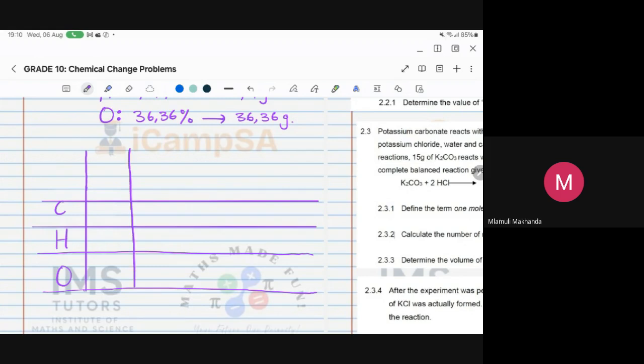Then you have your mass, number of moles, simple ratio. Mass, number of moles, and ratio.